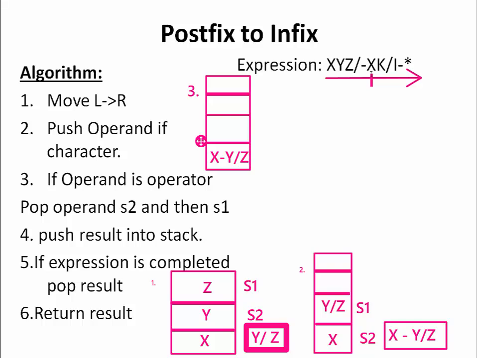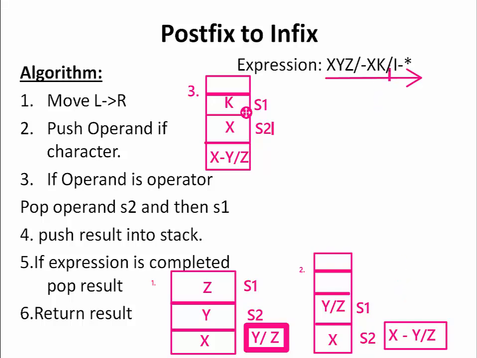We need to push the contents X and K into the stack. What are X and K? X and K are characters, called operands. Next, an operator is encountered. This is S1 and this is S2.